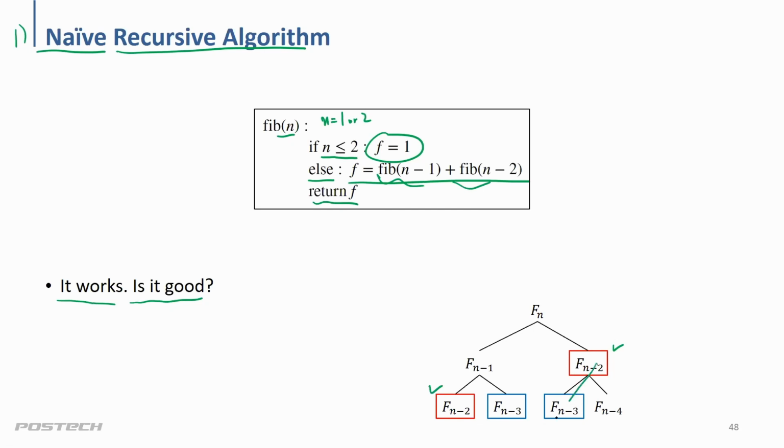So you get a big branching tree, and it's redundant. You have to do the same computations many times. That's the problem. I mean, it's not a problem, it's inefficient.